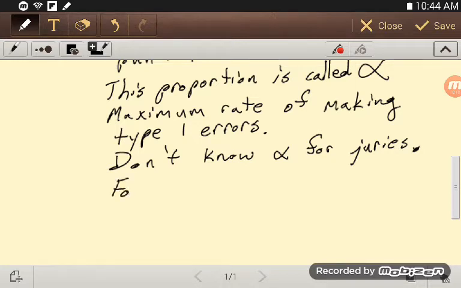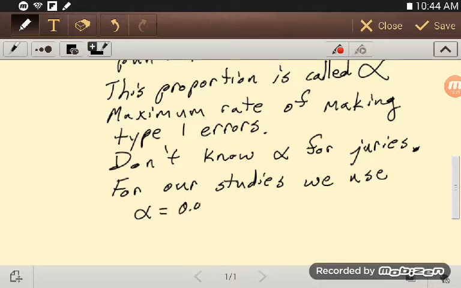Okay, for our studies, we use alpha equals 0.05, okay, 5%.